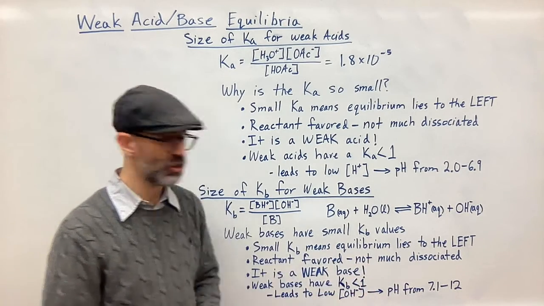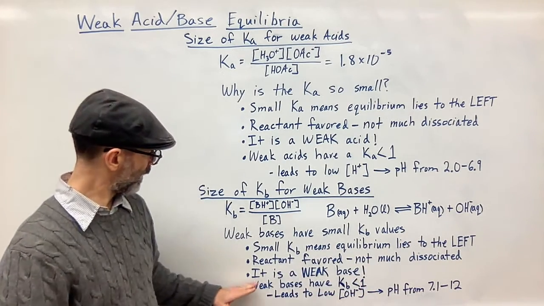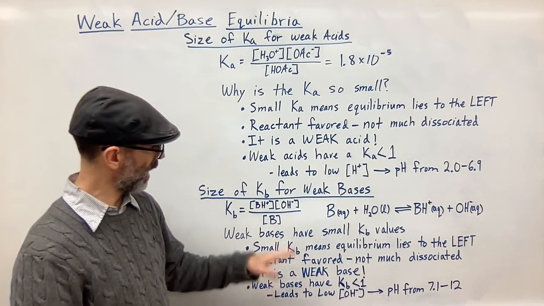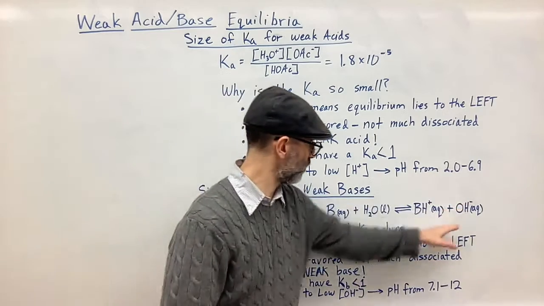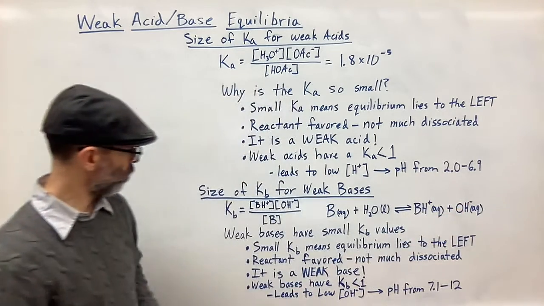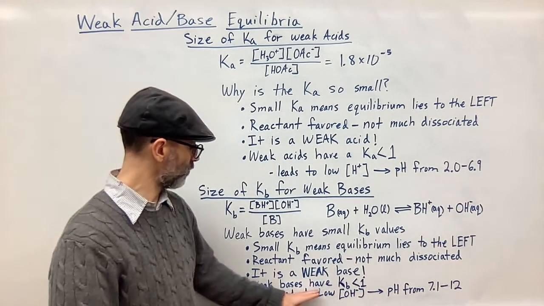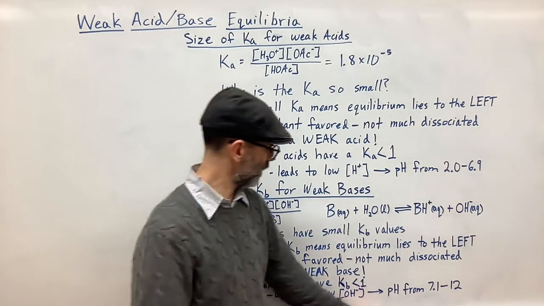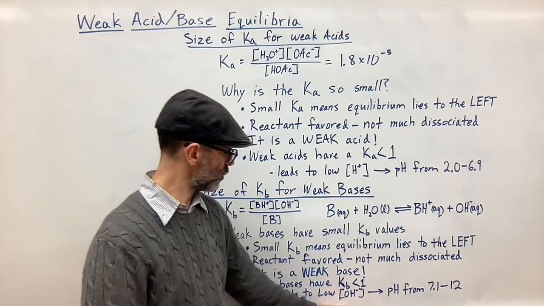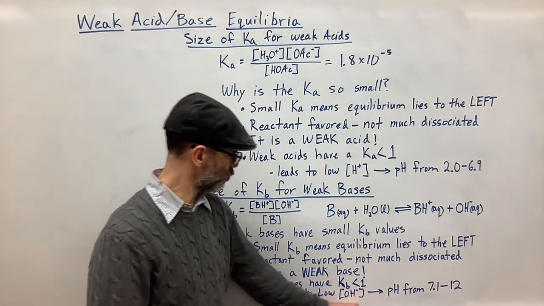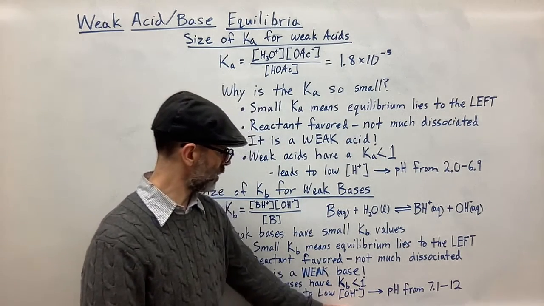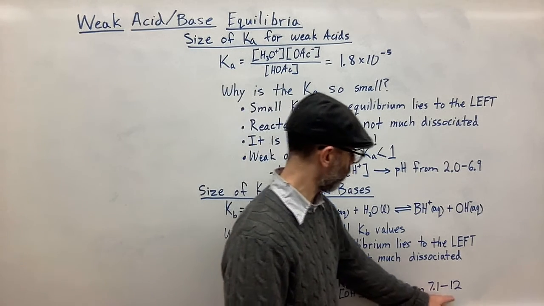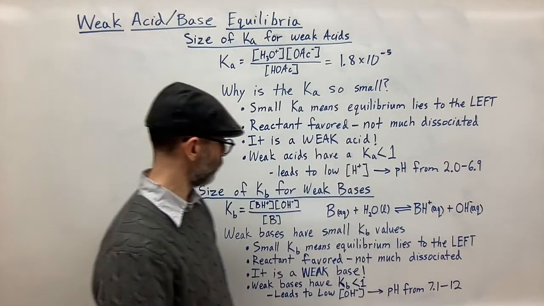There's not much dissociated. It is a weak base, so you're going to have very little of this dissociated in water. Weak bases are going to have a Kb less than 1. This is going to lead to a low hydroxide ion concentration, and therefore the pH is going to range from 7.1 to 12.